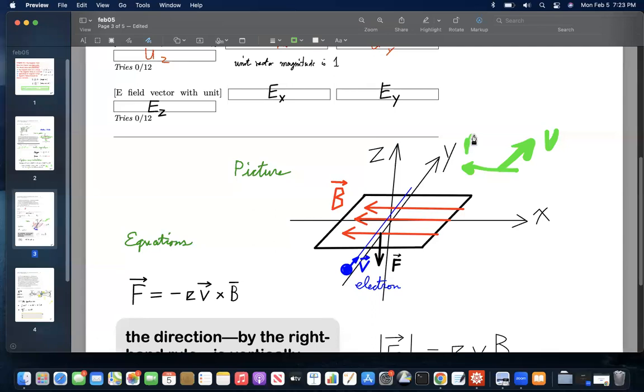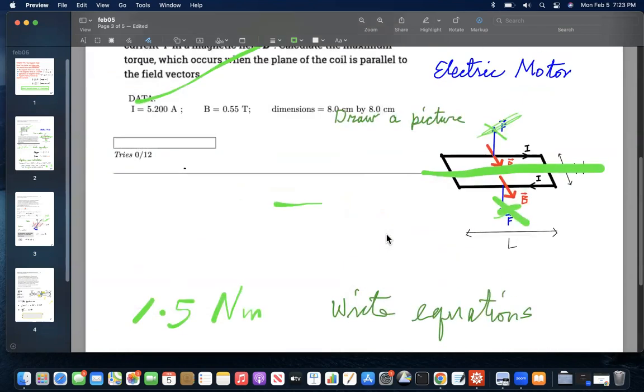So that's B. Now use the right-hand rule to get V cross B. Let the fingers of your right hand point in the direction of V and then curl in the direction of B. Then your thumb will point in the direction of V cross B. So this is V cross B. And now the force will be the electric charge, which is negative, times V cross B. So if I take this direction and multiply by a negative number, the force will be in the opposite direction. So the force will be in the minus Z direction, pointing downward.